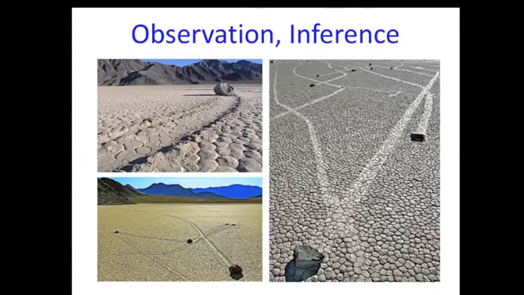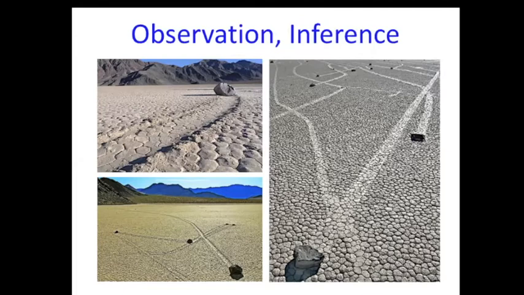Now, if you say the trails or the tracks, if we call them that, the imprints, if you will, are not all in a straight line. That's an observation, right? These lines that we see are not the same direction or in the straight line necessarily.